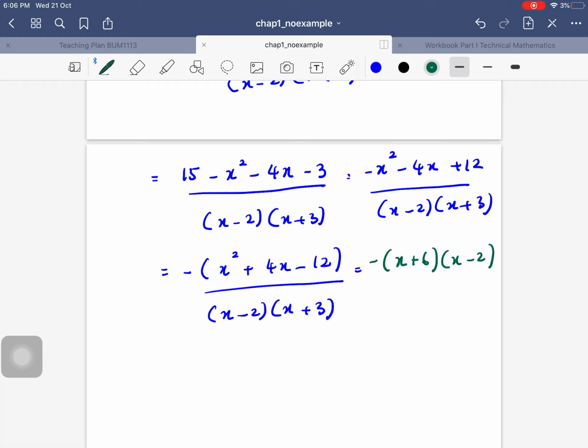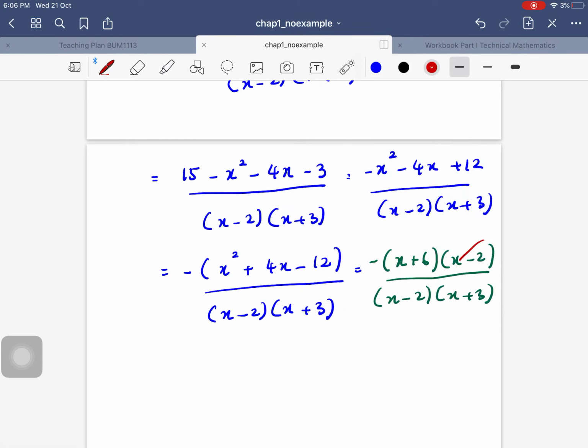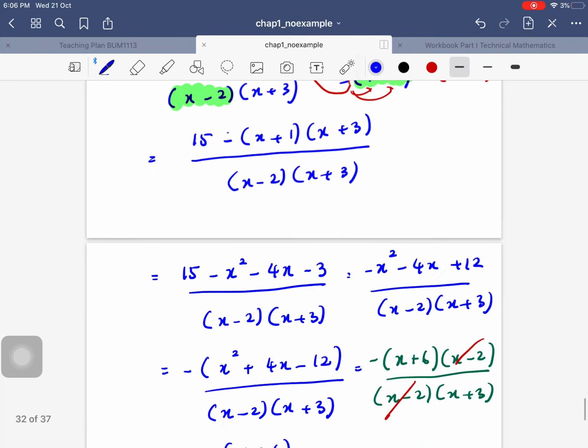I'm going to have 6x minus 2x, which is 4x, and that will be over x minus 2 times x plus 3. So I can cancel whatever is the same top and bottom. Therefore, I simply end up with negative of x plus 6 over x plus 3. Okay, so that is going to be the outcome for example number 3.